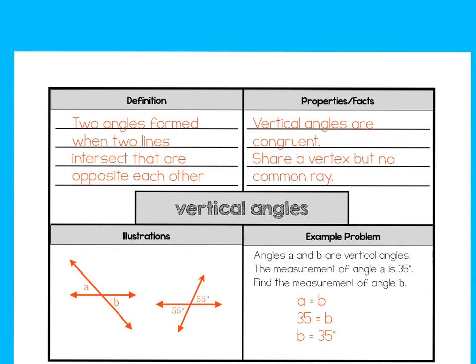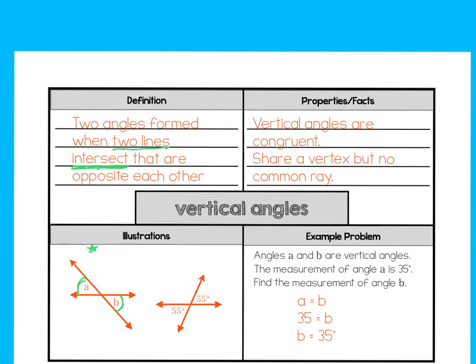First, vertical angles. Vertical angles are formed when two lines intersect each other, okay? And the vertical angles are the ones that are opposite each other. Right here in this example, you see the two lines that are intersecting. Angle A and angle B would be vertical angles.